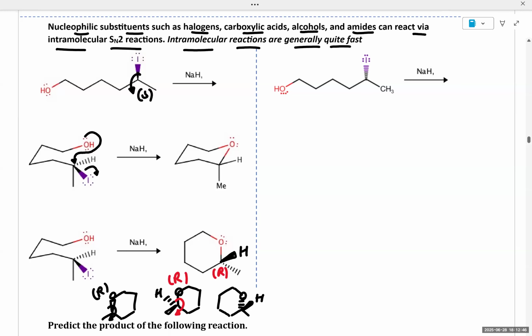Let's practice what we've learned and approach the following problem. For those curious what the sodium hydride is doing, it's just going to deprotonate our oxygen atom. So in this case, I'm going to number my carbons. So 1, 2, 3, 4, 5, 6. I'm putting oxygen as number 1 because this is going to eventually be part of my ring.